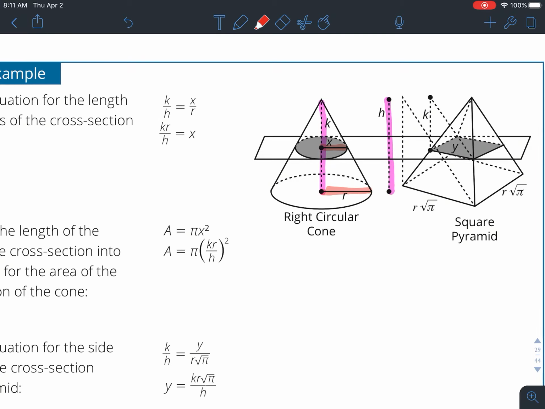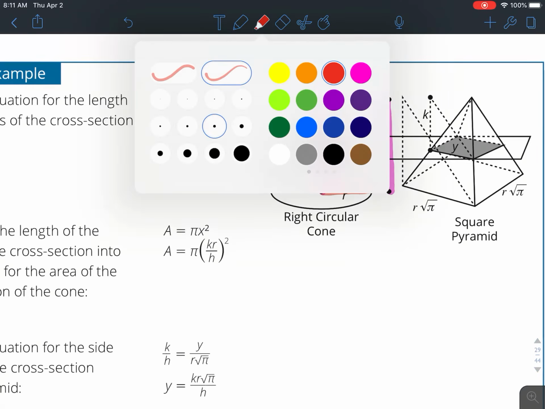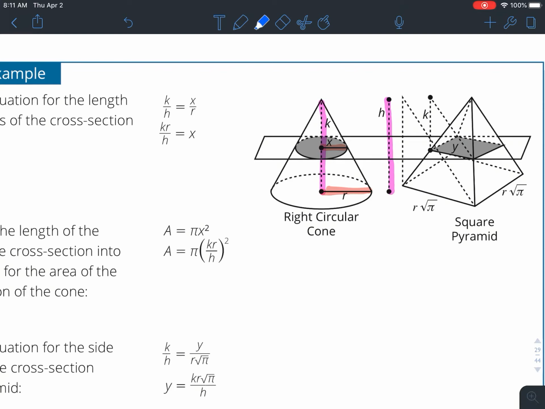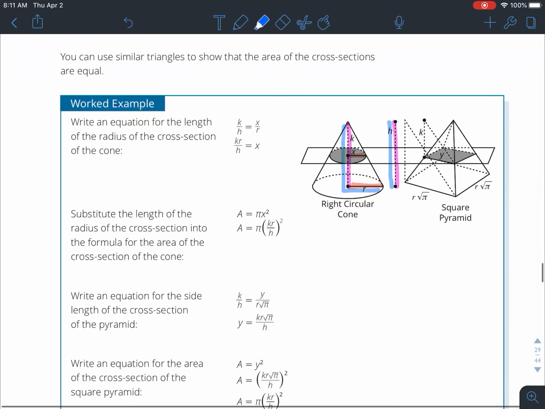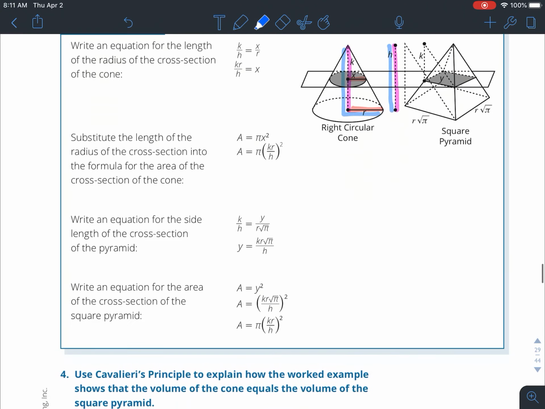I'm going to do another color: kr over h is equal to x. So going through their formula, they have some stuff here. They can substitute some of the stuff we've done.